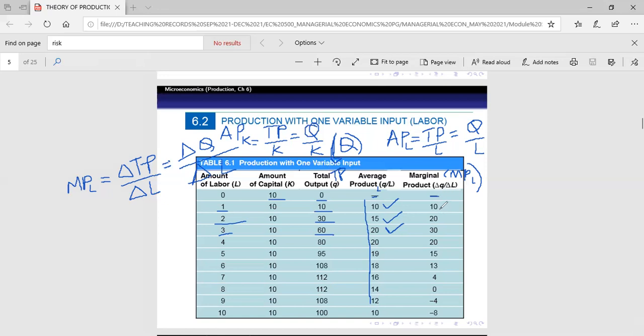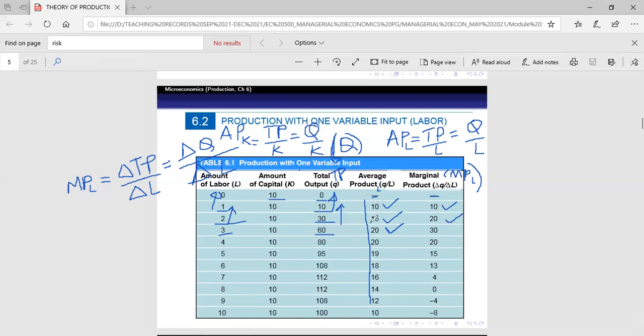So we come here and this one will be 10 minus 0 divided by 1 minus 0, which gives us 10, right? Then this one will be 30 minus 10 divided by 2 minus 1, which gives us what? 20.